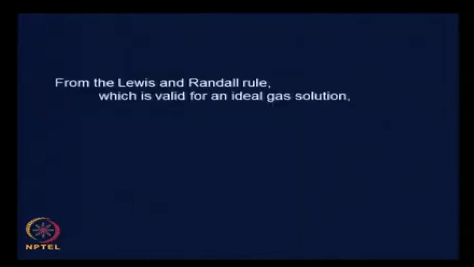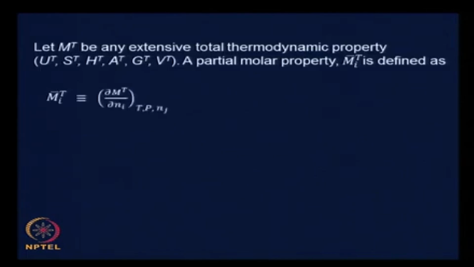And we had defined the partial molar property for any property as M_i hash equals del (nM) by del n_i at constant T, P and all other n's remaining constant. This you could write for any of the extensive properties: U^t, S^t, H^t, A^t, G^t or V^t.